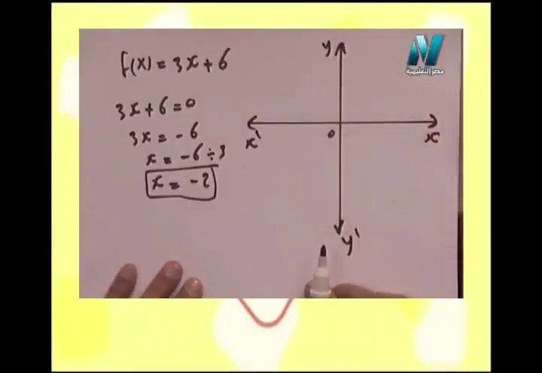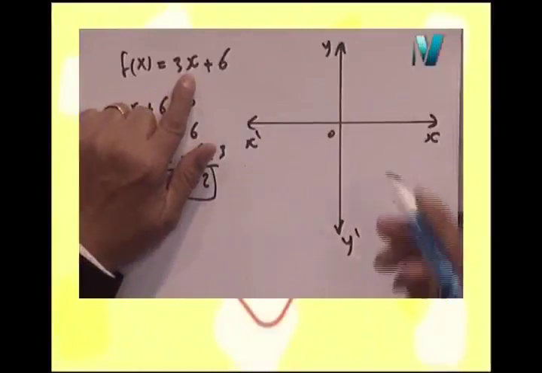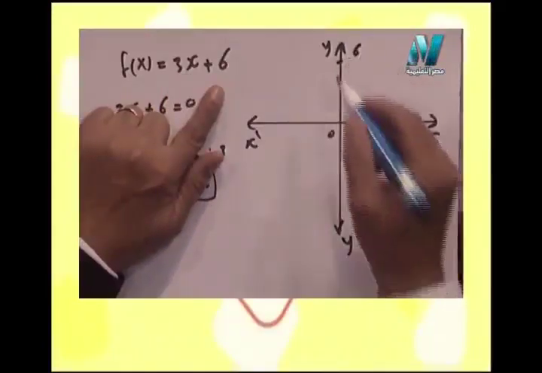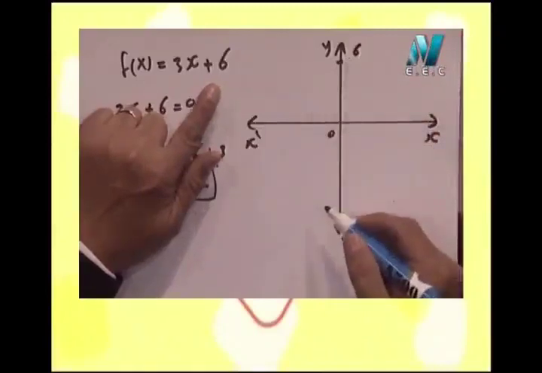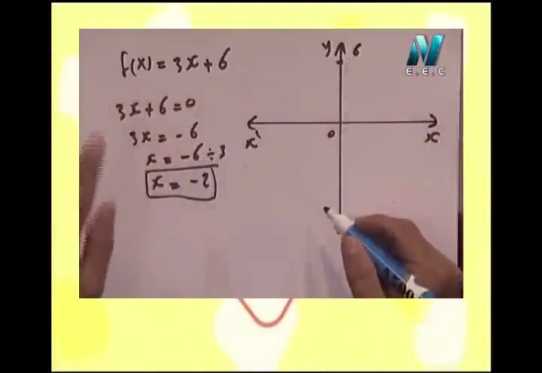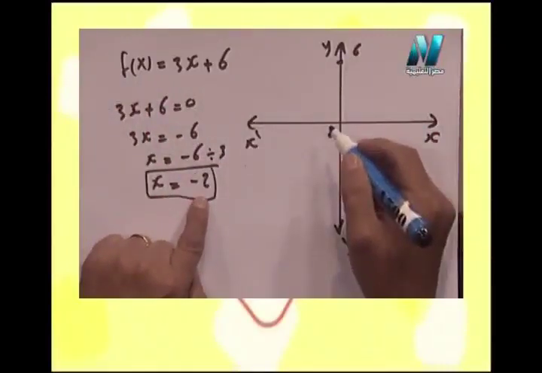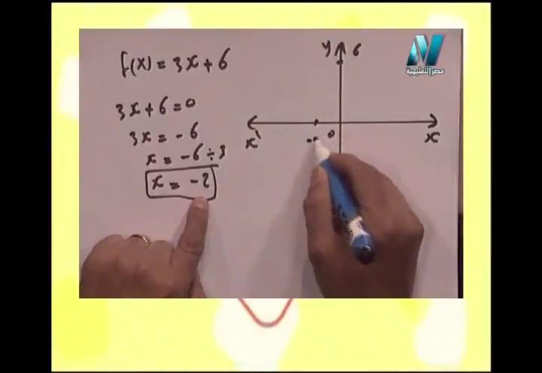To represent it graphically, just put x equals 0 and y will be 6. So the point is (0, 6). And put y equals 0, so x equals negative 2.